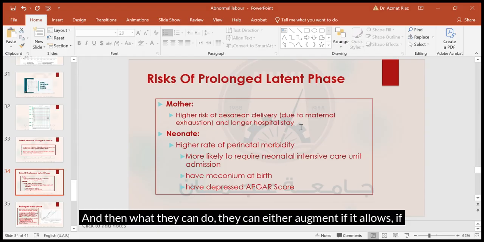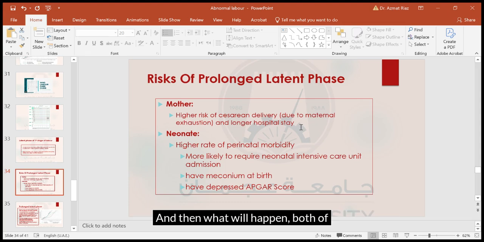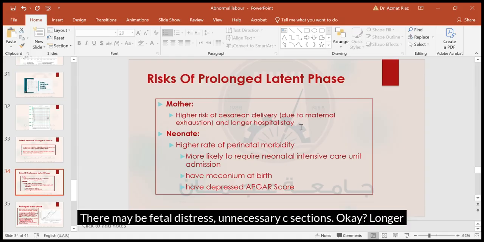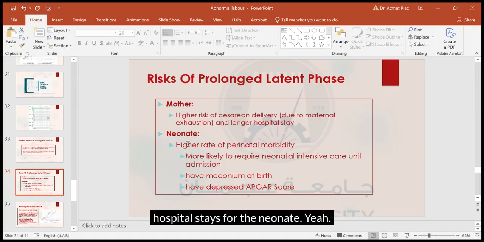What they can do is either augment, if the cervix is a little bit dilated, or they can even induce. Both of these can lead to unnecessary c-sections. There may be fetal distress, unnecessary c-sections, and longer hospital stays for the neonate.